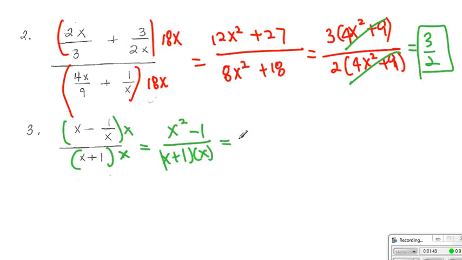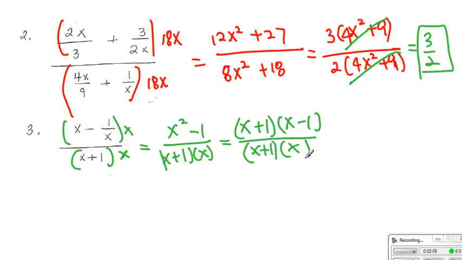Now, when we factor the numerator, we get x plus 1 times x minus 1, all over x plus 1 times x. So x plus 1 cancels out, and we end up having x minus 1 over x. That becomes our answer.